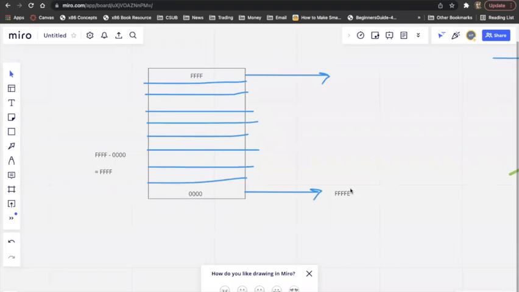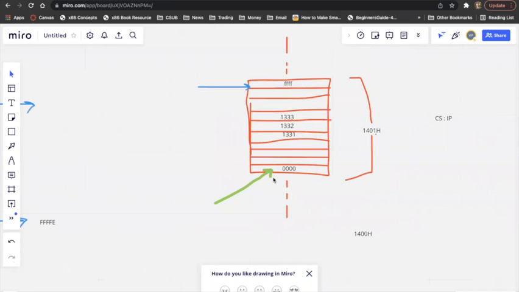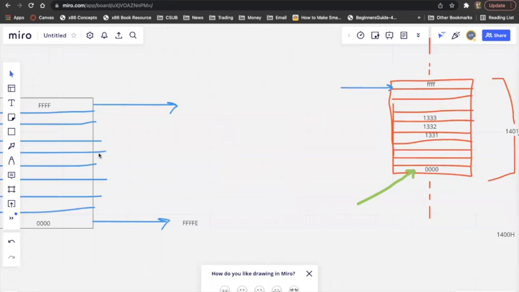Since we know the physical address of this entry, we can just add FFFF to it. So if we know the physical address of the lower range, we can just add FFFF to it, and that will give us the physical address of the upper range. That's what I'm trying to say.